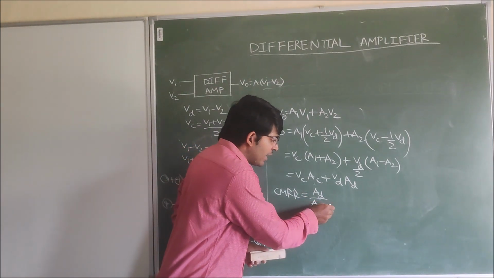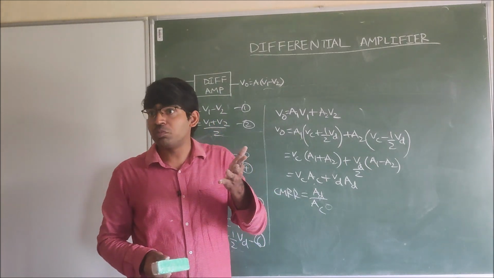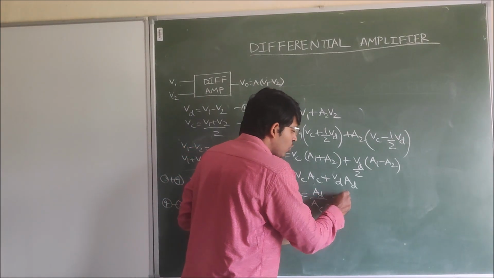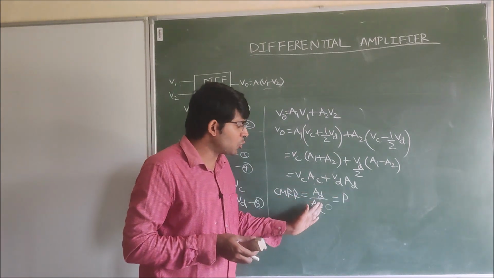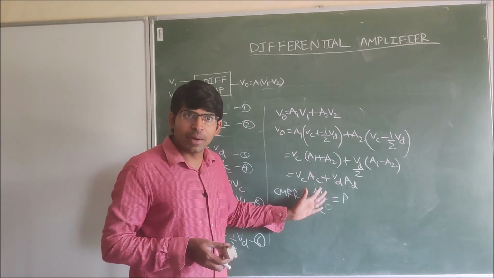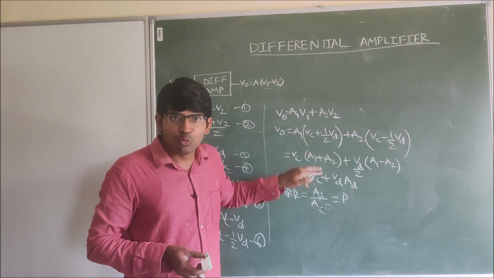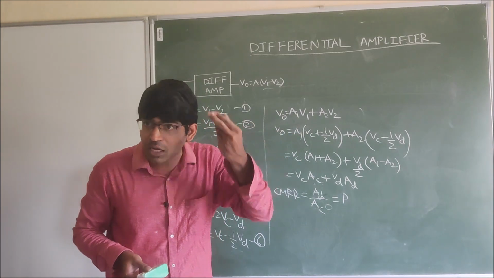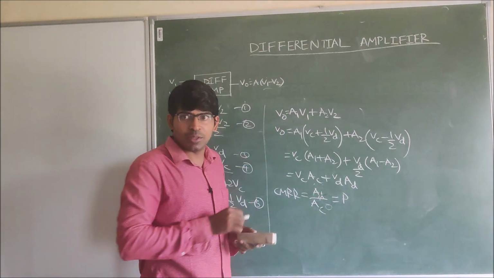Ideally we want the common mode gain to be 0, then the CMRR will become infinite. We call it with one letter, either P or rho: P equals AD by AC, differential gain by common mode gain. We need the differential gain, but we don't want the common mode gain, which comes because of noise. Now this should be minimized.